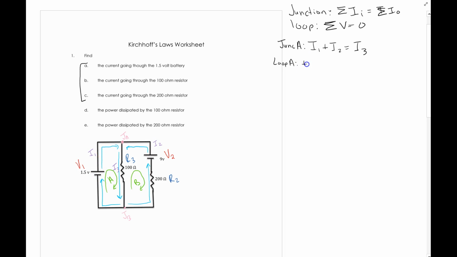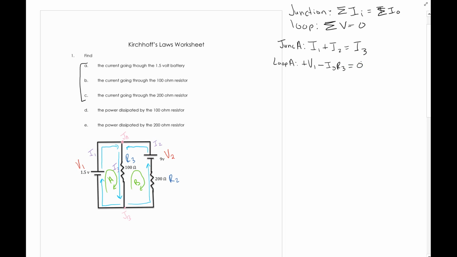So I'm looking at positive V1, and I go through and then go through this resistor. I am going with the current, so this is negative IR. So this is negative I3 R3, and then there's nothing else in this particular loop, so it is equal to 0.